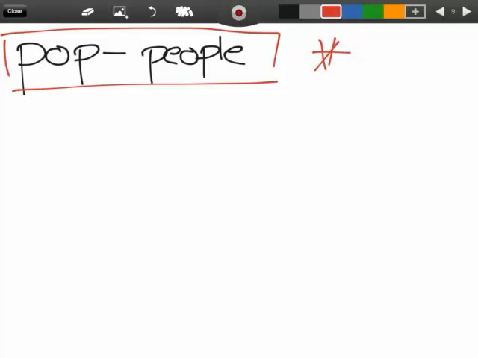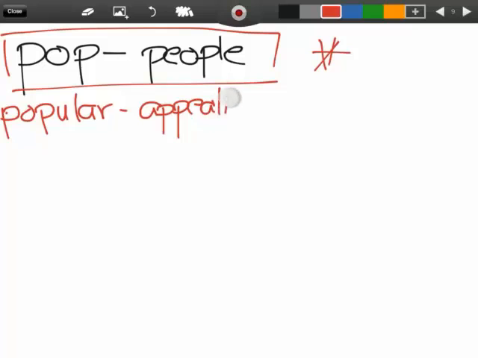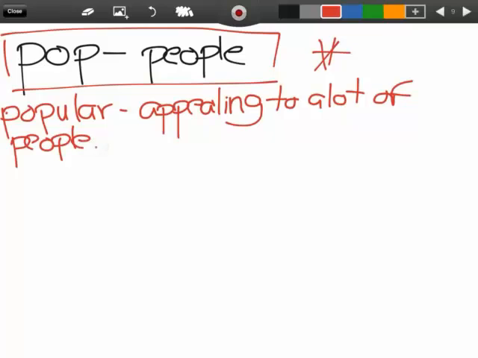And I'm going to go ahead and give you two definitions. Popular, which is my first definition, is going to be appealing to a lot of people. My second word is going to be population. Population.